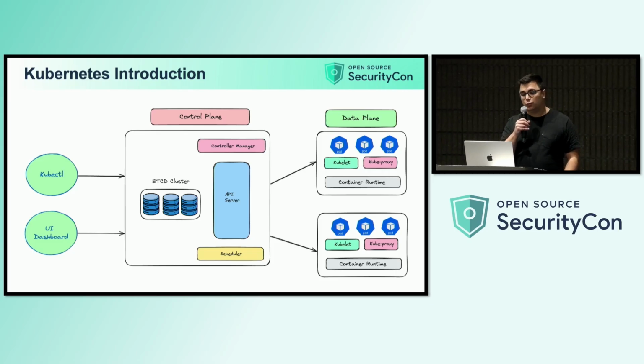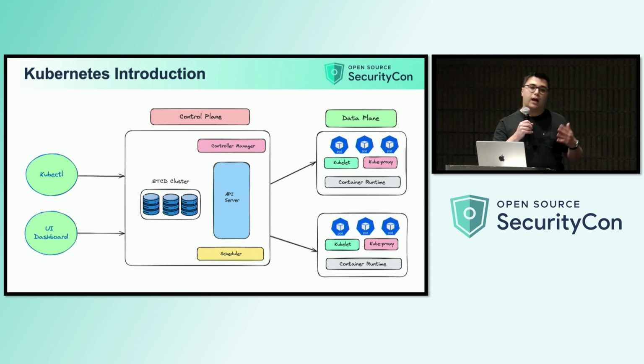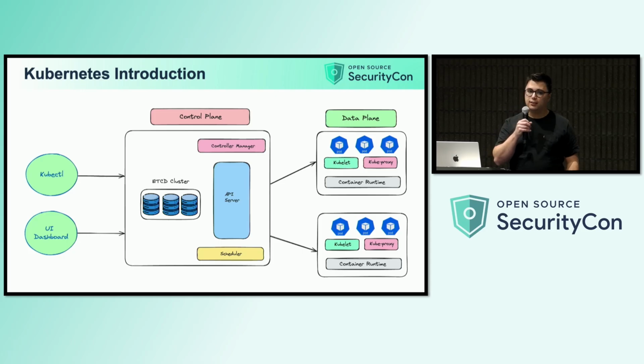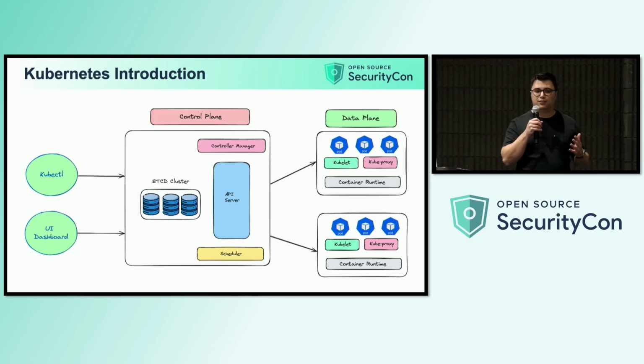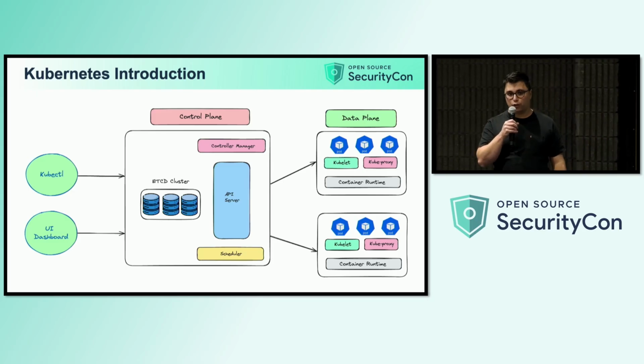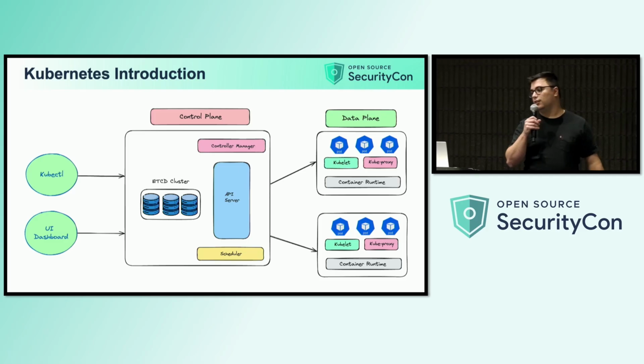Additionally, there is the scheduler, the controller manager, and key-value components such as etcd. This one is very important because all the configuration of the Kubernetes cluster is stored in this etcd cluster, and also some sensitive information, such as Kubernetes secrets.